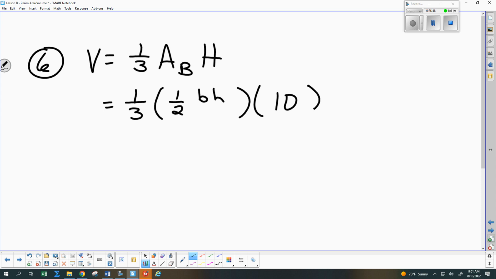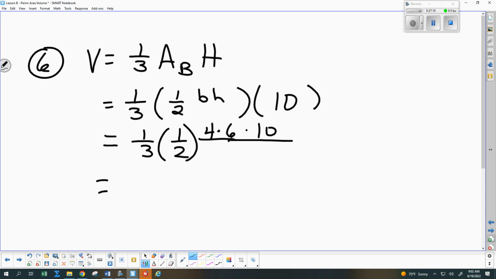Clay? Use the 4 and what on the picture tells you yes, those two will work? Okay, base and height have to always make a 90-degree angle. And they tell us those do make a 90-degree angle, so Clay's exactly right. We can use the 4 and the 6. So I have 1/3 times 1/2 times 4 times 6 times 10.